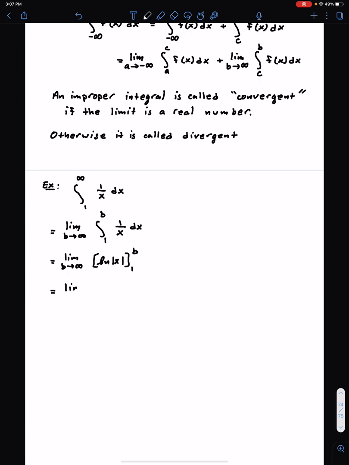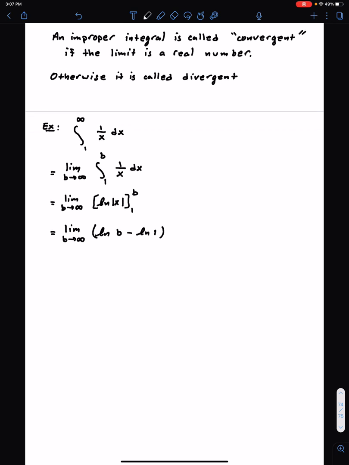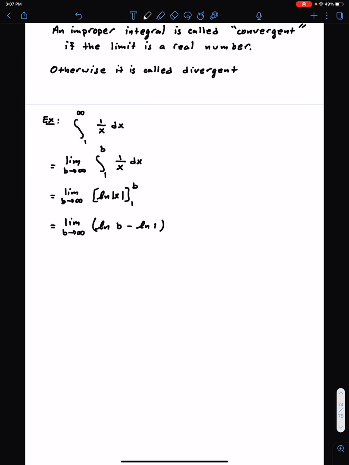If I plug in the upper bound, the limit as b approaches infinity of the natural log of b minus the natural log of 1. Natural log of 1 is 0, so I get the limit as b approaches infinity of the natural log of b, which is infinity. So this integral diverges to infinity.